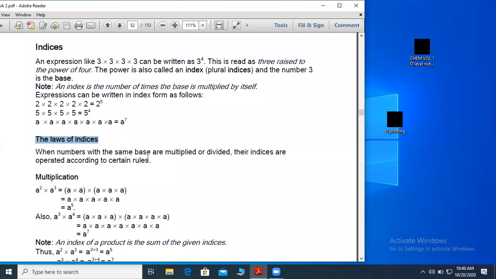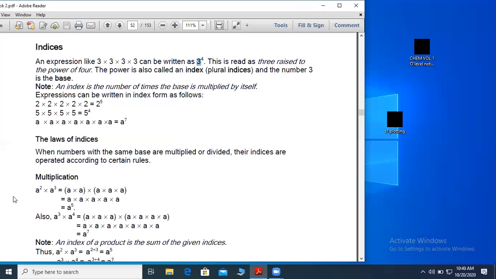When numbers with the same base are multiplied or divided, for example, here the base is 3, and if I multiply by 3 to power 2, the base is the same. Their indices are operated according to certain rules.